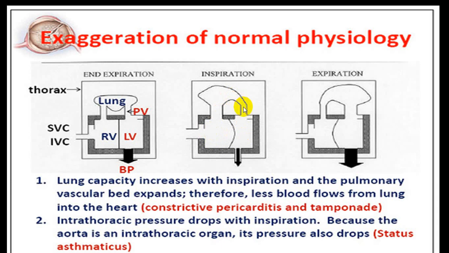Hence the blood going to the lung is less, and as the blood going to the lung is less, less blood comes to the LV, cardiac output is decreased, and because the lung has expanded during inspiration, blood is sucked more into the lungs. During expiration, the lung is compressed.